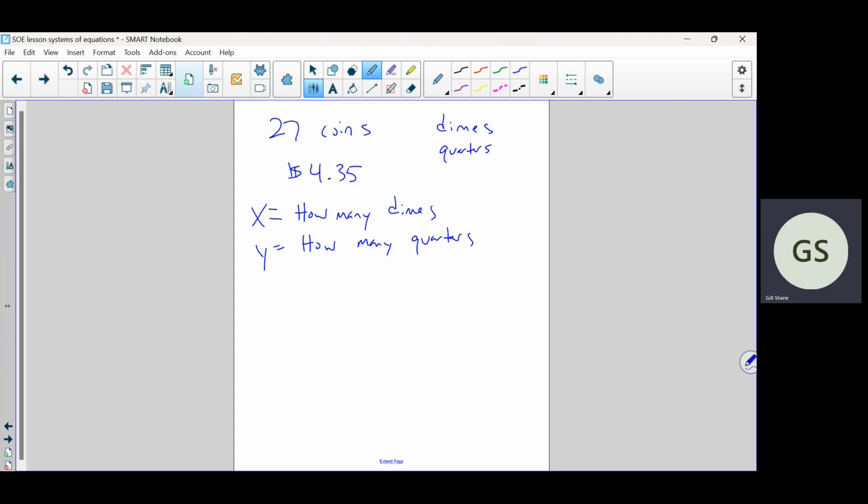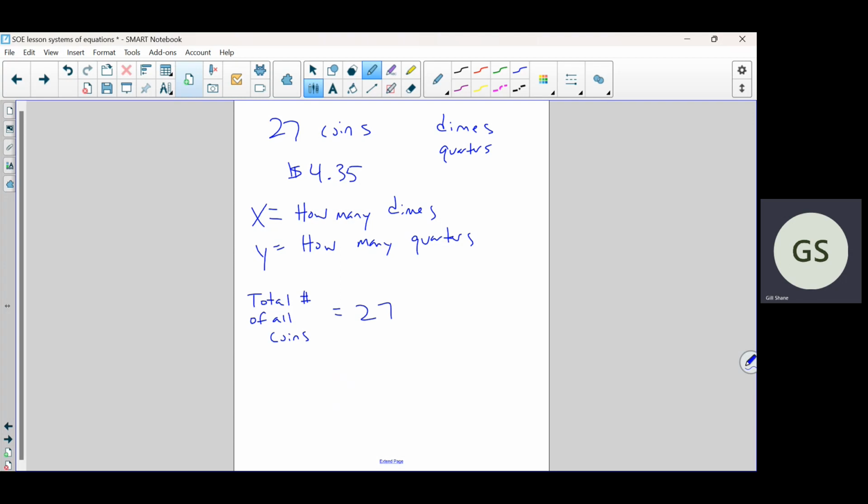So I could say, like if I wanted to do words, total number of coins, total of all coins, we'll say 27. That's an equation. You told me you understand that all the coins in total are 27. Not value, it has nothing to do with money.